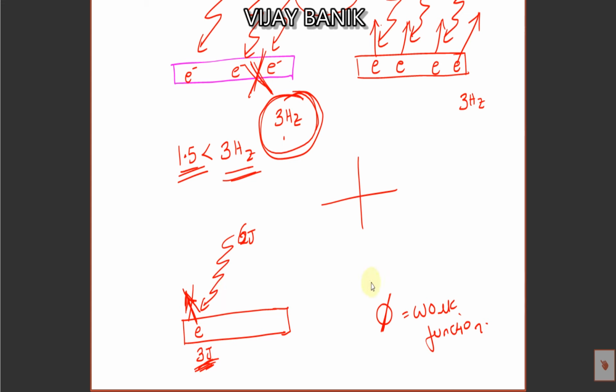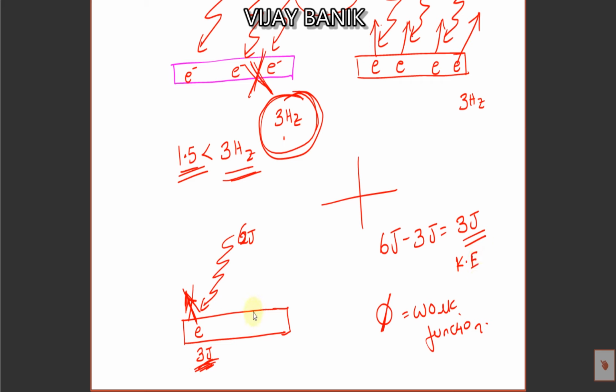From 6 joules, 3 joules is subtracted by the work function. Now the remaining 3 joules get converted to kinetic energy.